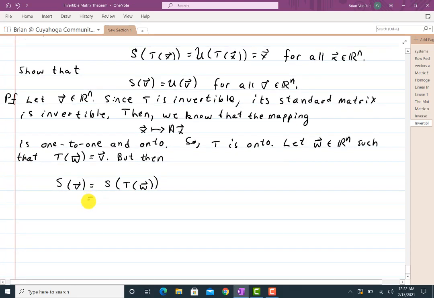But I know that that is equal to w. U of v equals U of T of w equals w. So I have S of v equals w equals U of v, and that finishes the proof.